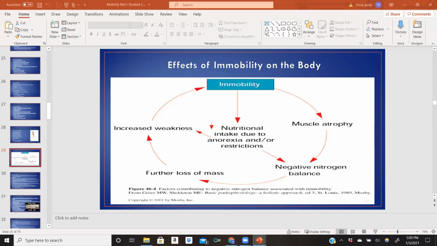And here's just a little chart that shows you the effects of immobility, such as muscle atrophy. You're going to have decreased nutritional intake due to anorexia and restrictions. You're going to have increased weakness, further loss of muscle mass. It's going to eventually cause a negative nitrogen balance.